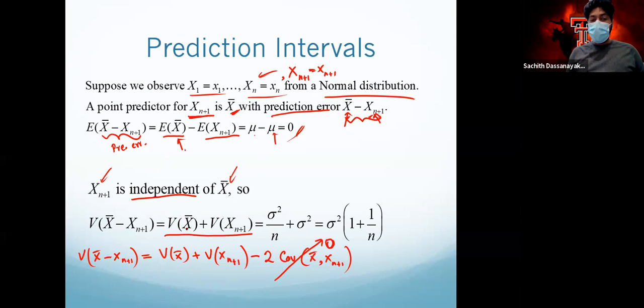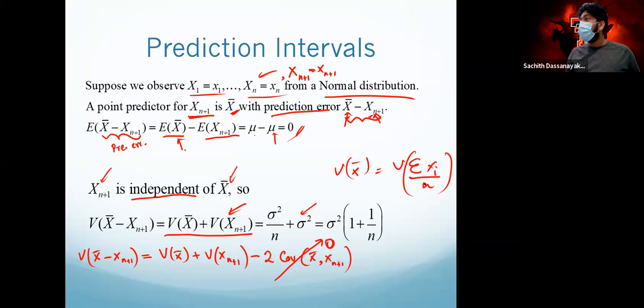So we have the variance of x bar plus the variance of the other one, x n plus 1. What is the variance of this one? It's one sample, so the variance is the same as the population variance, sigma squared. What about the variance of x bar? X bar means the summation of xi over n.